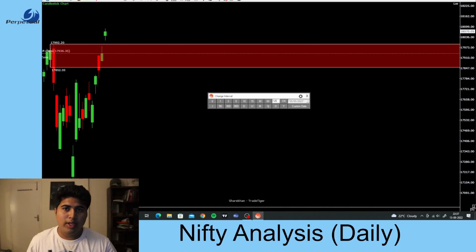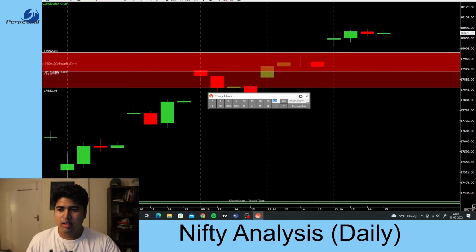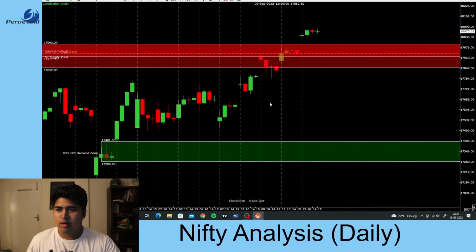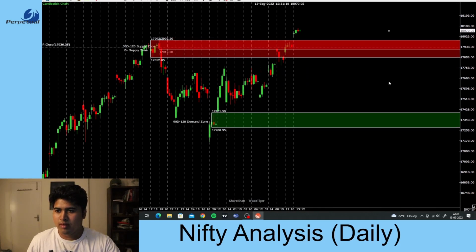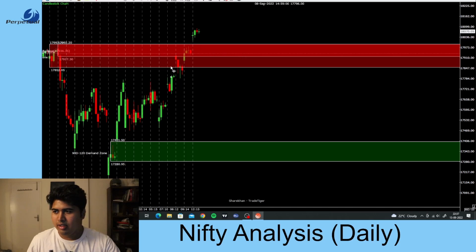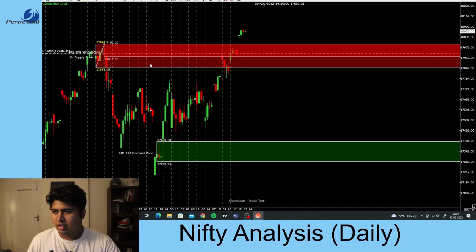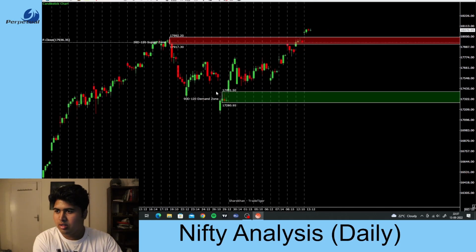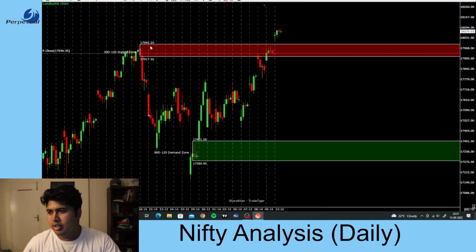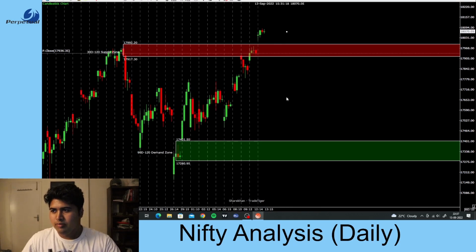So I'm going to the 120-minute chart. And as you see, this is the 120-minute supply zone. So what has happened here is, this supply zone was formed in the daily supply zone, right?